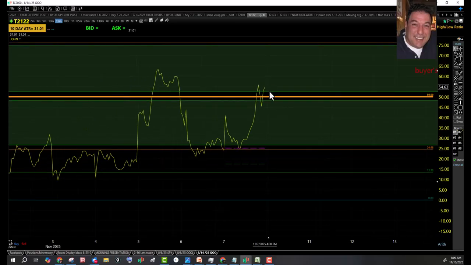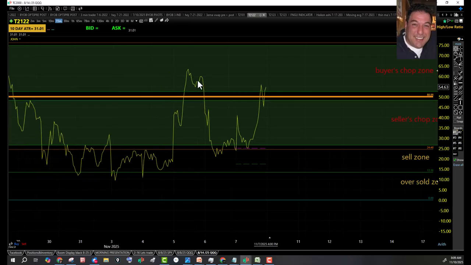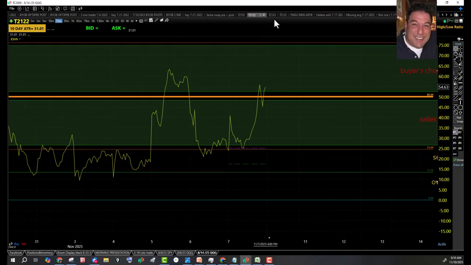We closed up there. Can they hold it up there is the next question, and can they make a higher high over here? We've got a higher high right there. I want to see a higher high from last week right there. So looking for the higher high for November there on T2122. We'll see if they can dig it out.